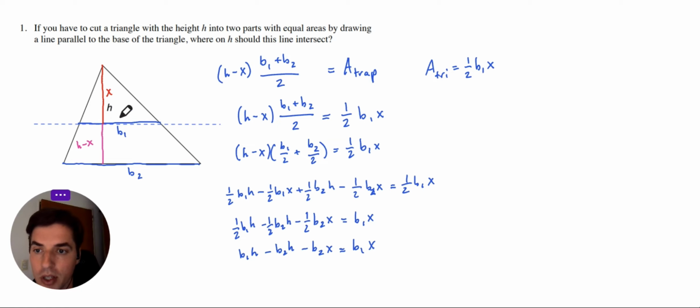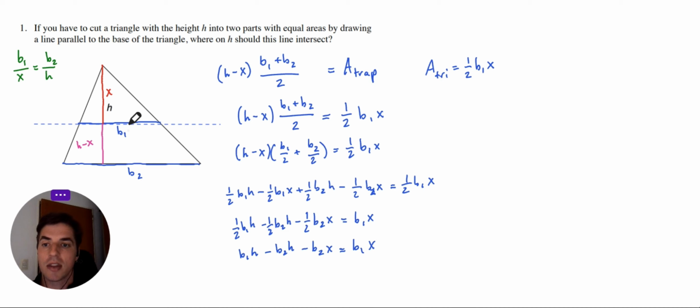We have b1 over x is equal to b2 over h. And so that's the relationship between the sides within each triangle: the base over the height is the same as the base over the height.